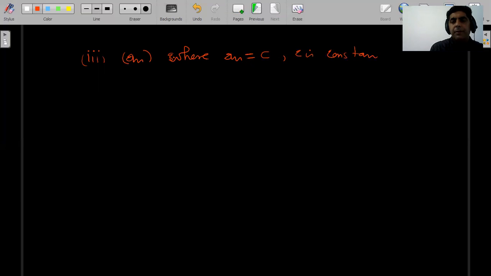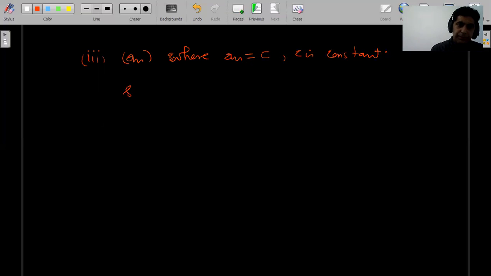One more example is a very common example. Third example is, let an be a sequence where an is equal to c, where c is constant, right?